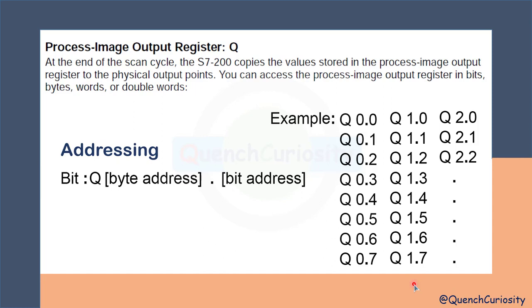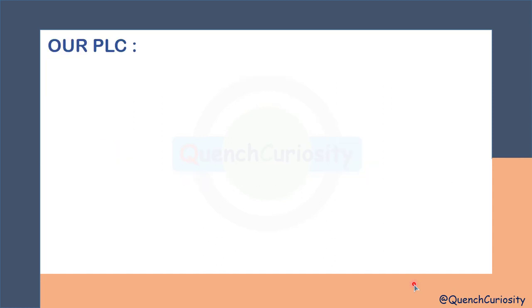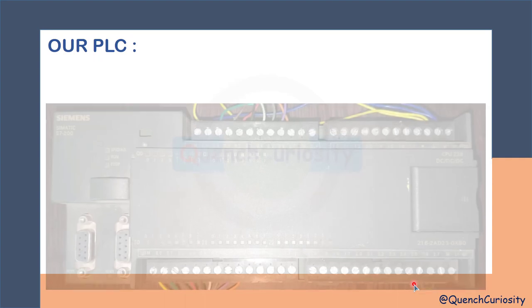Now let's jump to the next type of register. Before moving forward, let's see and understand our PLC. As in the introduction class, you already know that we will be playing around with S7-200 models. But which model, how many inputs it will have, and how many outputs it will have, that we will see now.